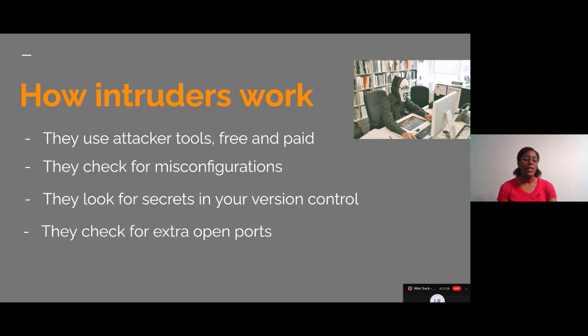And then always check for extra open ports. This might happen more on the back end sometimes, just because of the way that services get updated. Maybe you have to add an extra service and, for whatever reason, it gets scrapped later in the roadmap. So make sure you aren't leaving any ports open that shouldn't be.